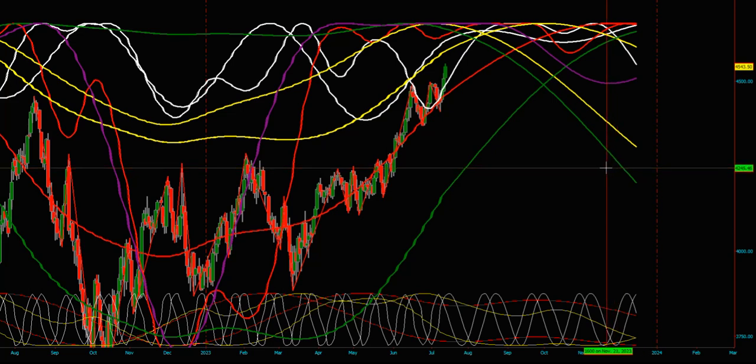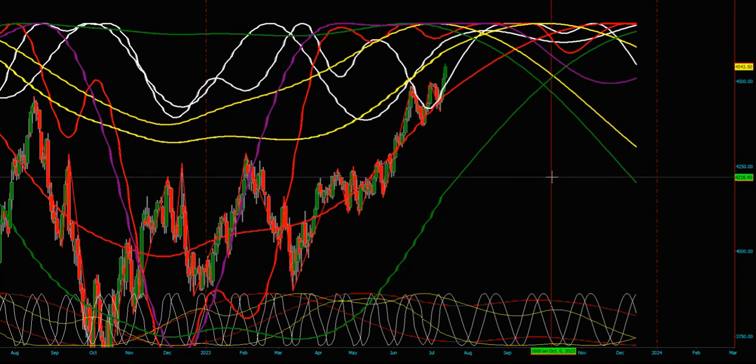So let's put November 15th. So October 19th. After that, we have a bunch of cluster here. October 31st. I'll put that also. October 31st area.